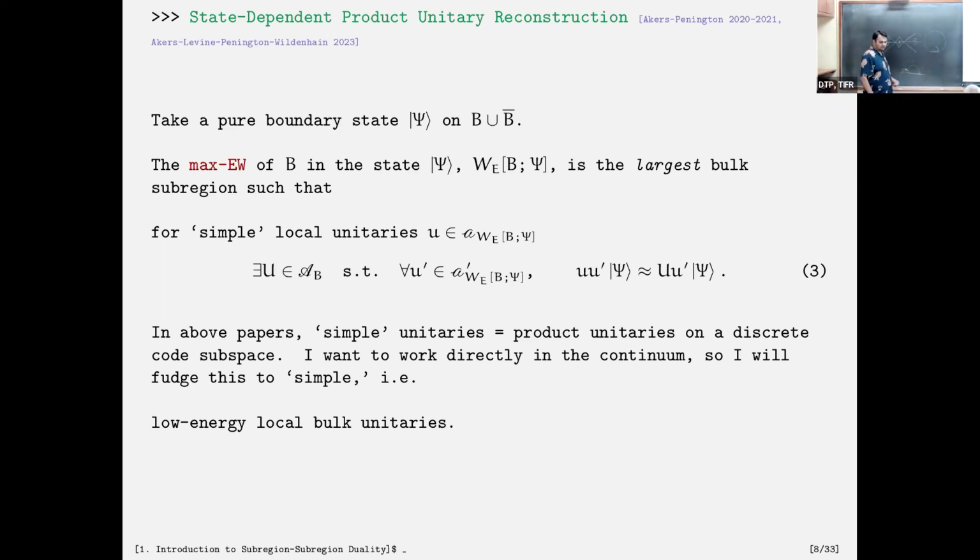Ronak, let me ask you a very JT-specific question, because that's where you do the calculation. The usual calculation, done many times, is that you take G Newton to go to zero, which you can phrase in terms of the dilaton, with the number of scalar fields going to infinity, keeping the product fixed and including back reaction.